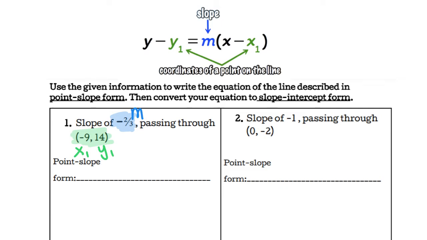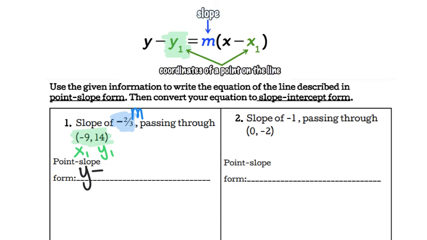So let's go ahead and start writing our point slope form. We're going to start off with y minus, and then notice in the formula it's asking me to plug in that first y. That's that y sub 1.